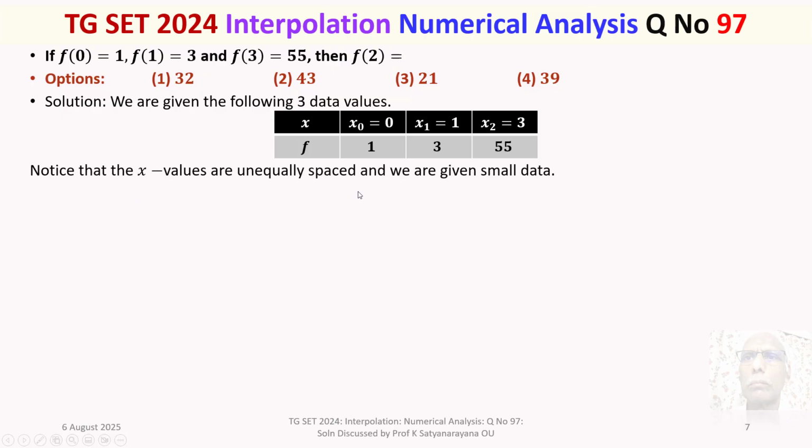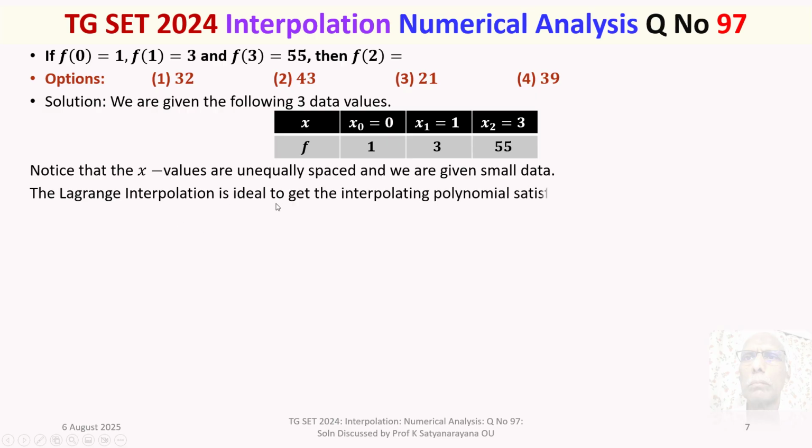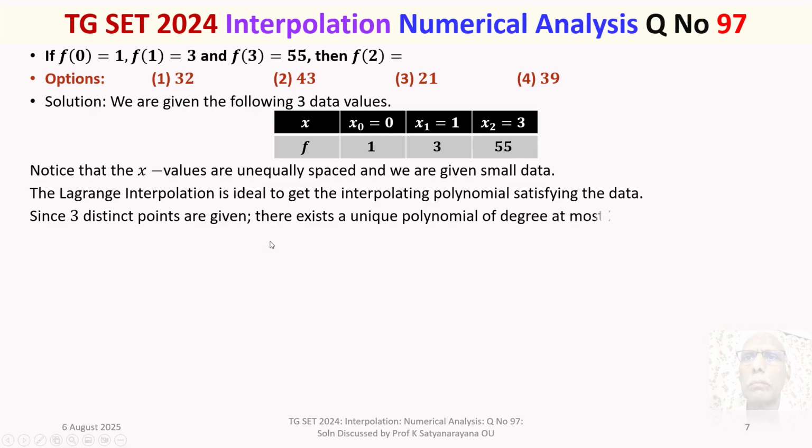We are given a small data set, because only 3 data values are given, very small. And therefore, Lagrange interpolation is an ideal method to get the interpolating polynomial satisfying the data. Since 3 distinct points are given, there exists a unique polynomial of degree at most 3 minus 1, that is 2, that passes through them.